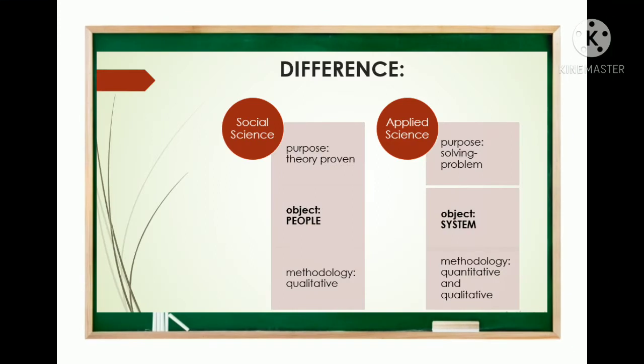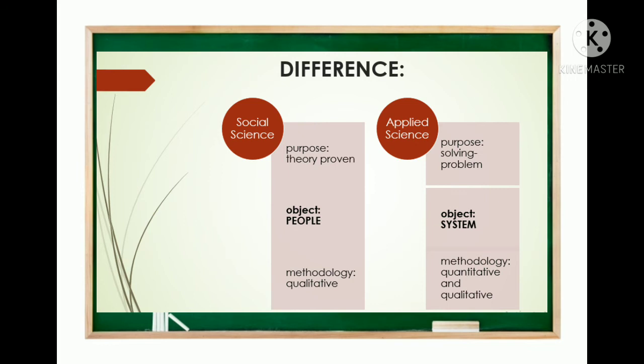Let's take a look at the diagram. The diagram shows the difference of social science and applied science in terms of its purpose, object or subject, and methods or process. In the social science, the purpose is theory proven, the object is people, and the method is qualitative.